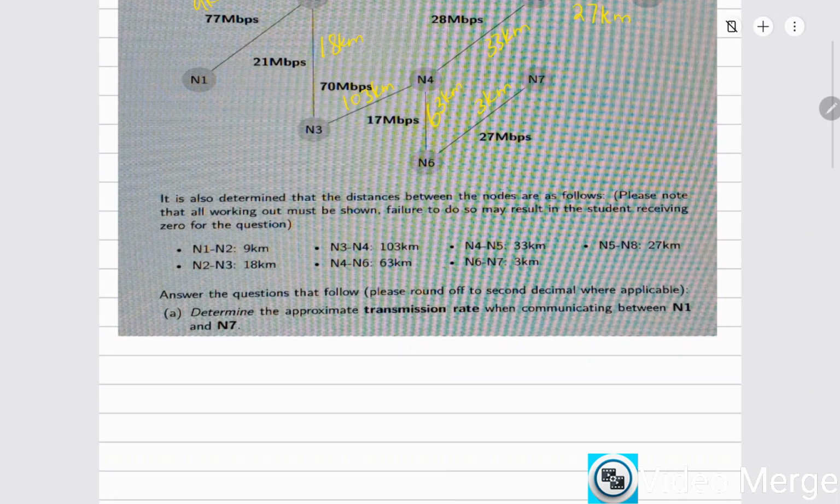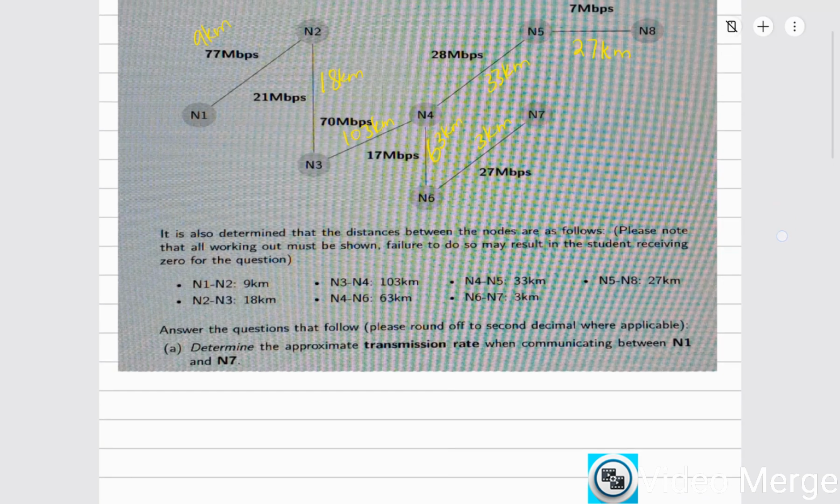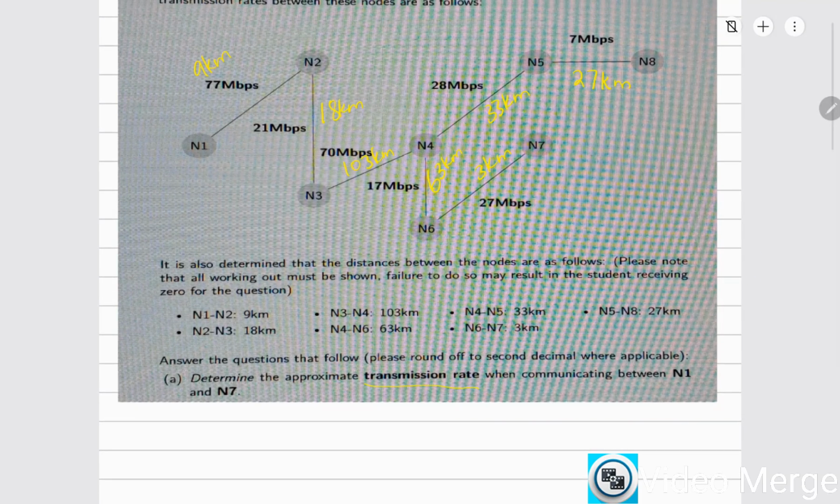So now the first question says, determine the approximate transmission rate when communicating between N1 and N7. What they're actually asking for here is the speed at which the packets or the data actually moves from N1, N2, N3, N6, N7, right?